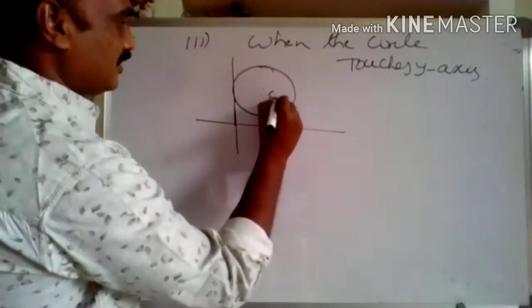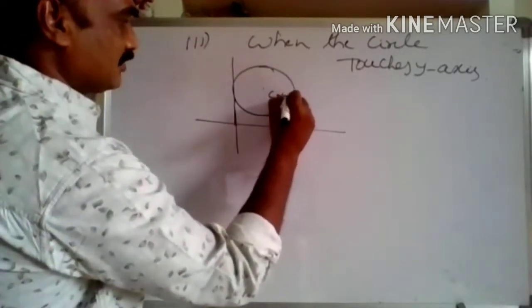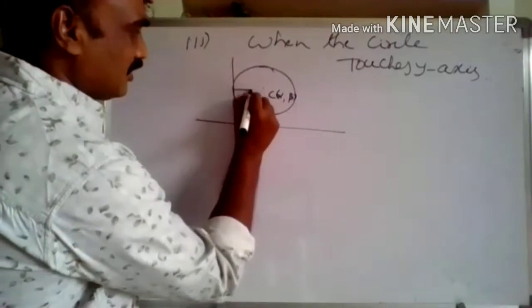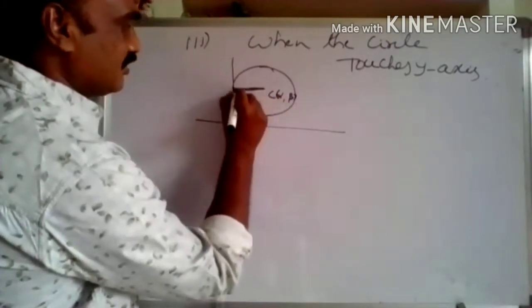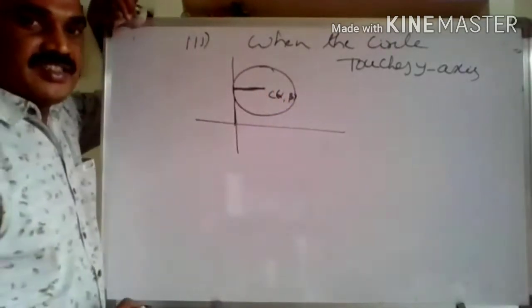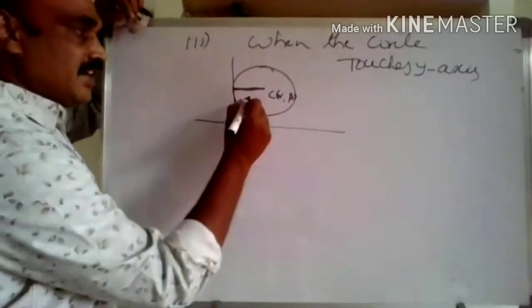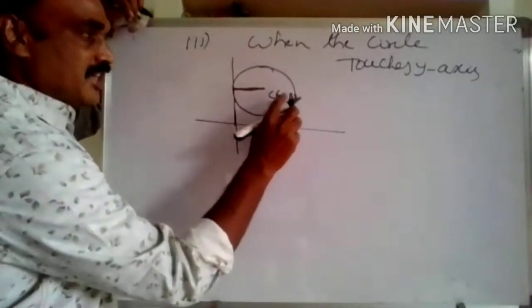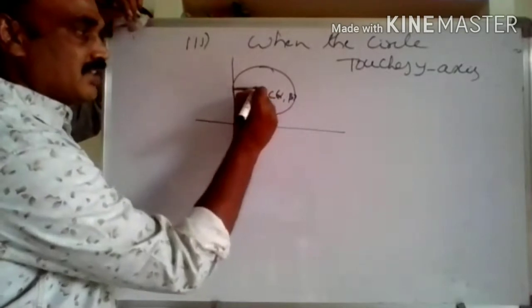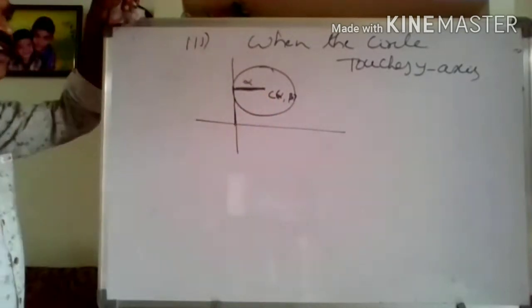This is the center. Suppose the center is (alpha, beta). This distance is equal to the radius. Let (x, y) be any point on the plane. This distance is equal to the x coordinate. This is the radius. Radius is equal to alpha.